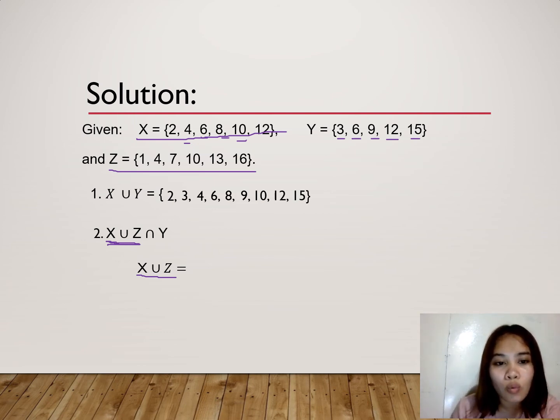So we have 1 first, then 2, then 4 is common between the two. So we will just write 4. Then 6, 7, 8, 10, so 12, 13, 16.